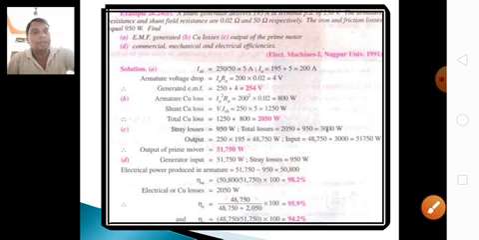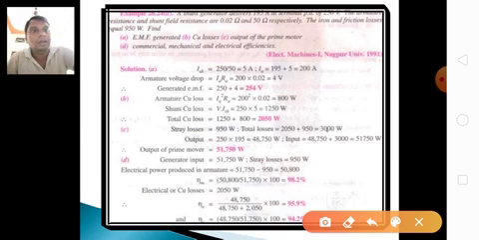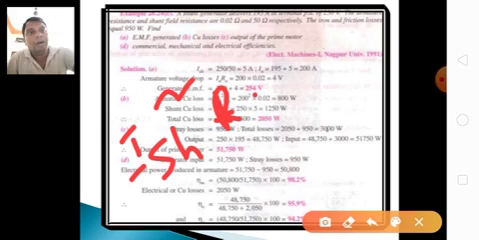Next, shunt field copper loss. What is the shunt field copper loss? Ish square into Rsh. Here we can use the formula directly, V by Ish. Again this is the same formula, Ish square into Rsh.